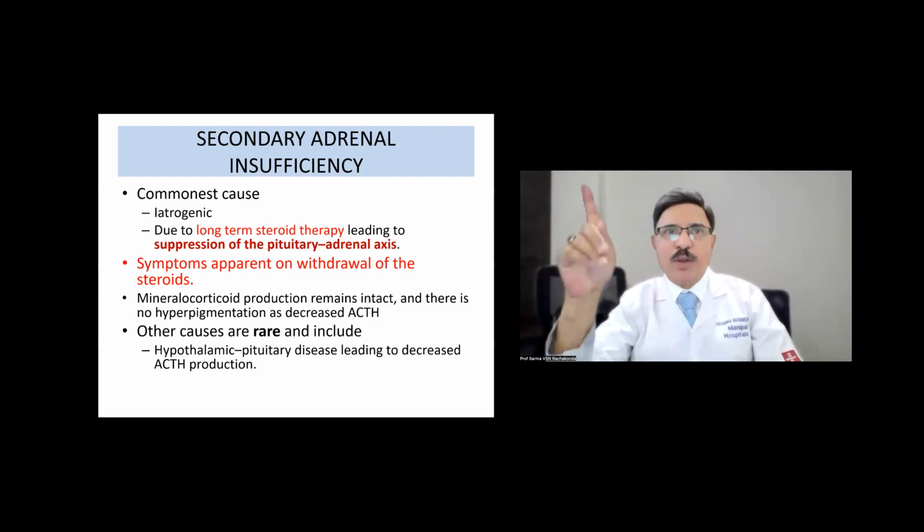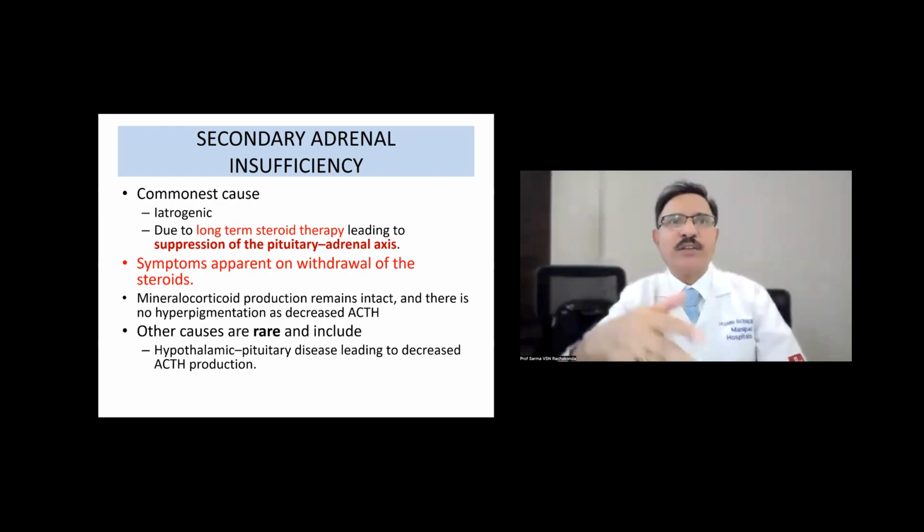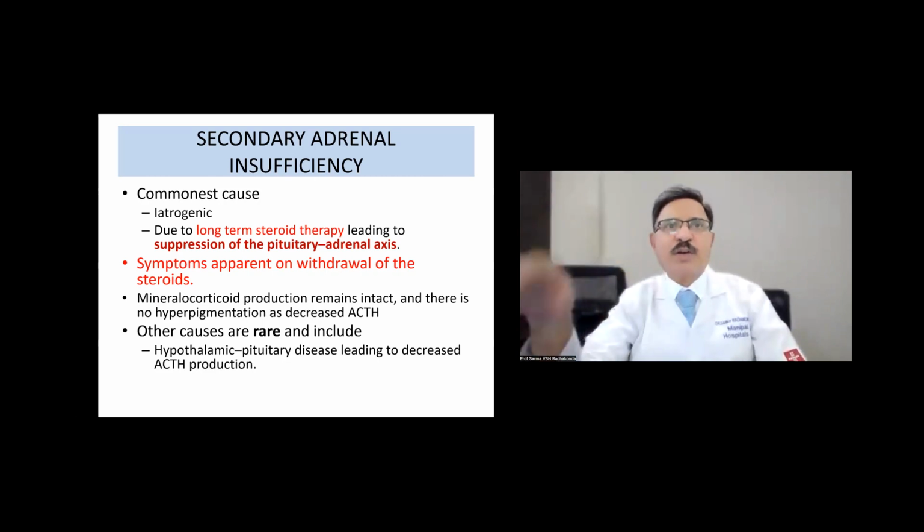Remember, with exogenous steroid, only ACTH is suppressed, which means only cortisol is suppressed. Mineralocorticoid is not under ACTH control. Its office is separate, from the juxtaglomerular apparatus via renin. So mineralocorticoid remains intact.